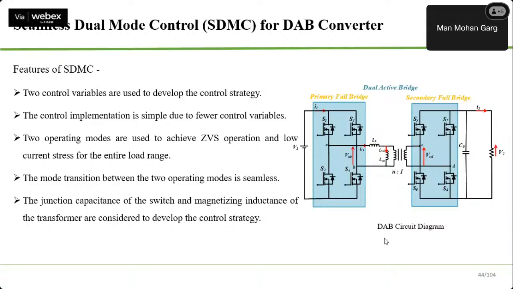One more system that we have developed is seamless dual mode control of DAB. Here, we have two control variables which are used to develop the control strategy, and this control is much simpler. Two operating modes are used to achieve ZVS operation with low current stress for the entire range of load.